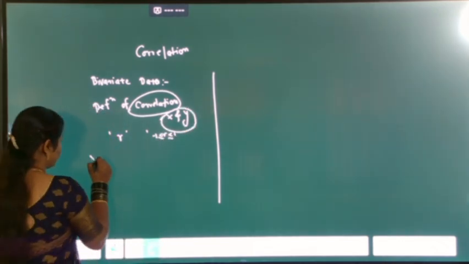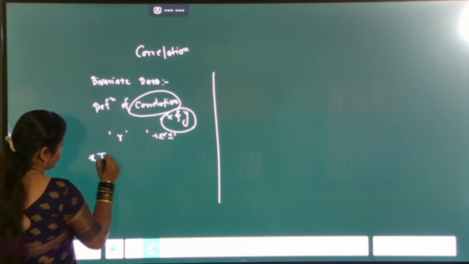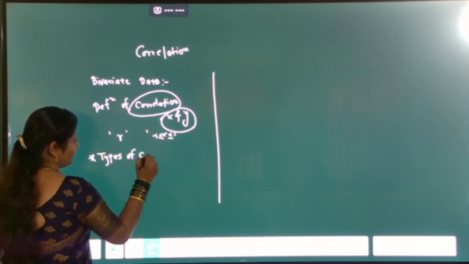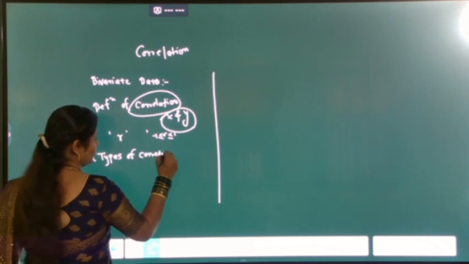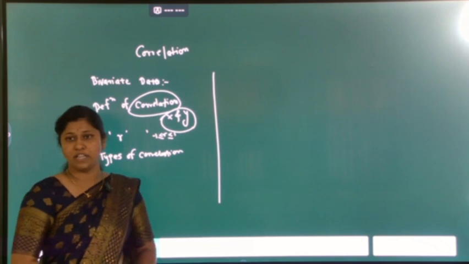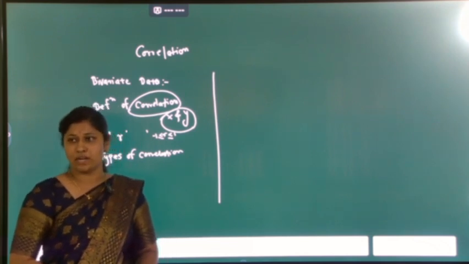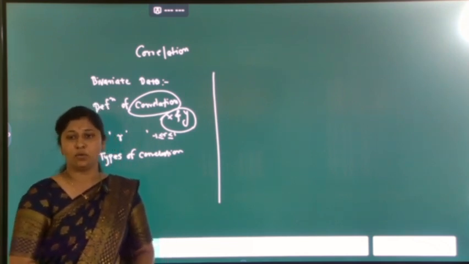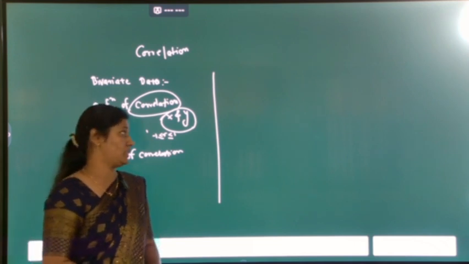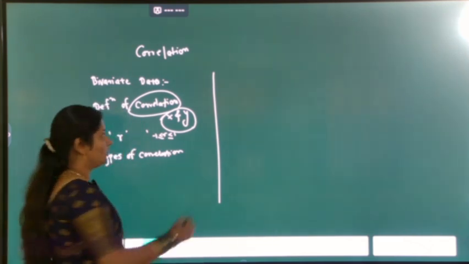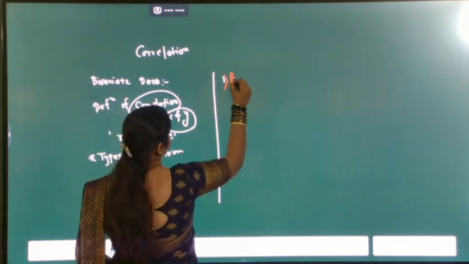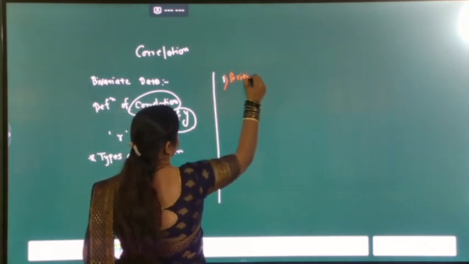Next point is types of correlation. There are four types of correlation. First is positive correlation, second is negative correlation, third is perfect correlation, and fourth is no correlation. We see one by one. First is positive correlation.